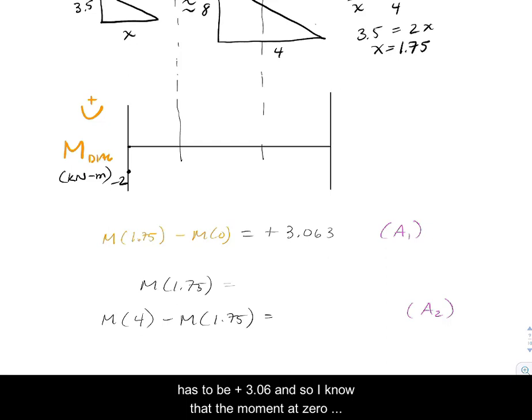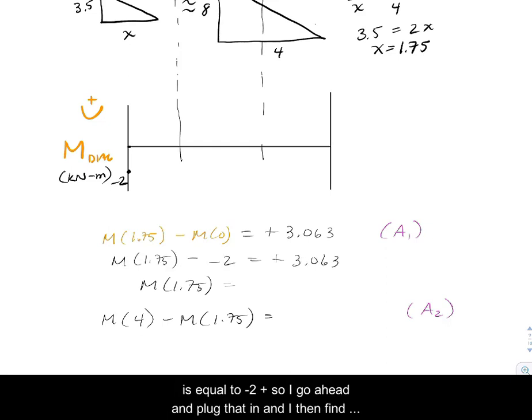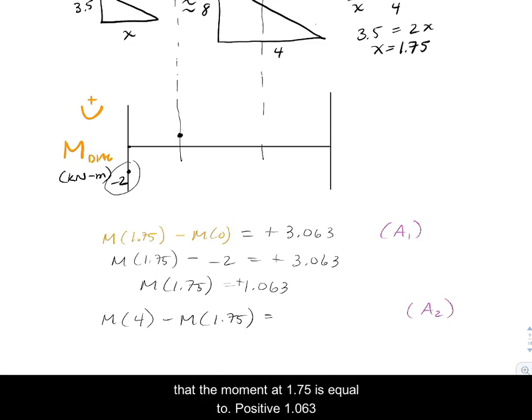And so I know that the moment at 0 is equal to -2. And so I go ahead and plug that in, and I then find that the moment at 1.75 is equal to positive 1.063. And I'm going to connect those two, not with a straight line, but with a curved line.